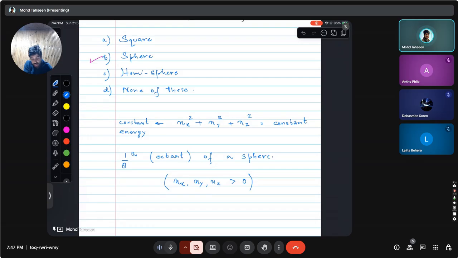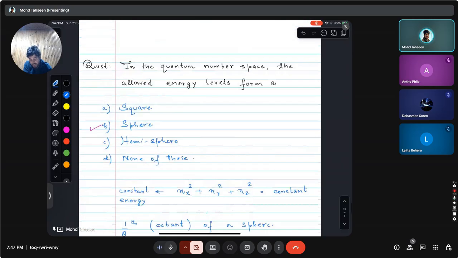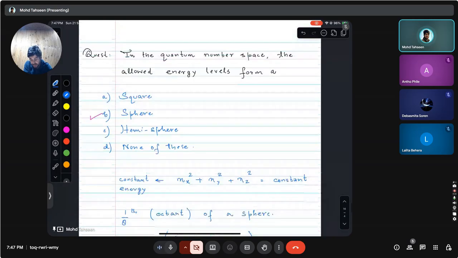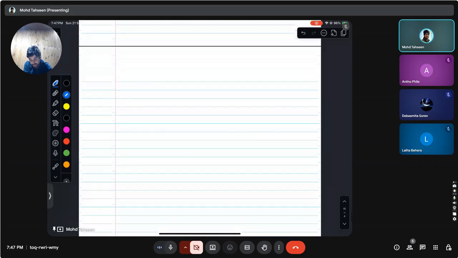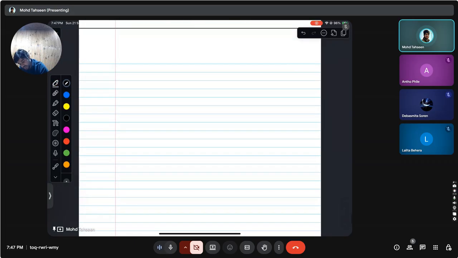So these two things we should take care of, and then we can say that the sphere is the correct option. Okay, so let's take one more. I am choosing only the conceptual problems because I feel they are more important than the calculations.